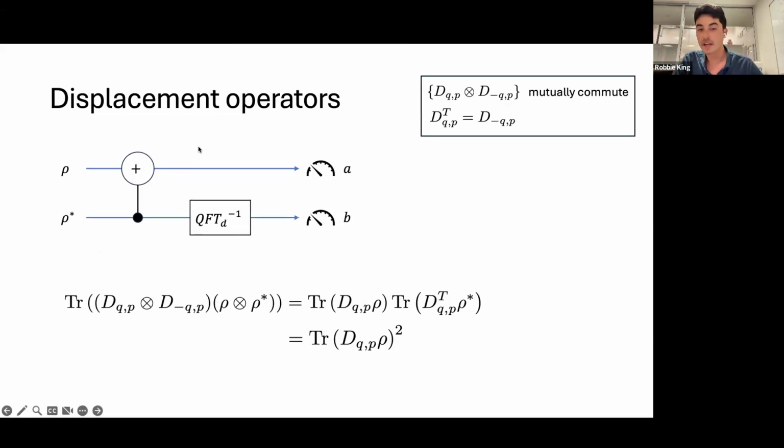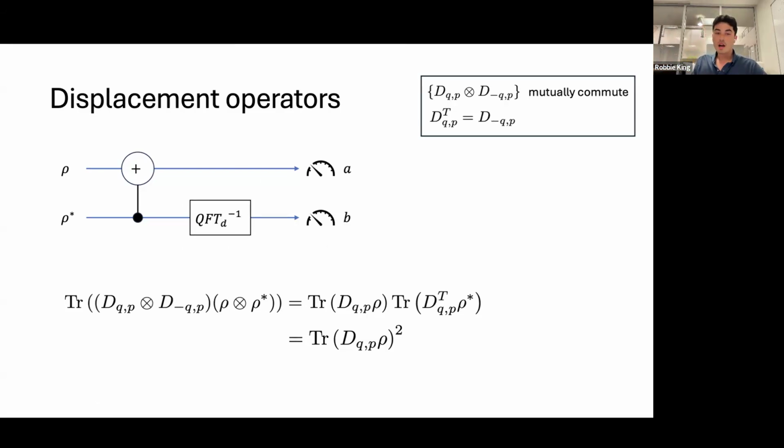This is the circuit way of looking at it, but it's just a generalization of the Bell basis, really. So to get to the Bell basis, we would do a controlled NOT and then a Hadamard. Here we're going to do a controlled shift operator and then a d-dimensional quantum Fourier transform, and this will take us to this generalized Bell basis. And this simultaneously diagonalizes all of these operators on two registers.